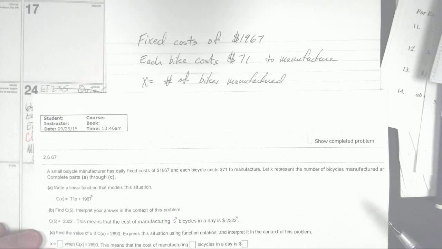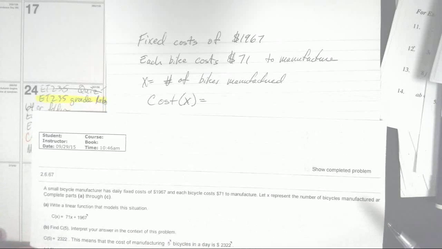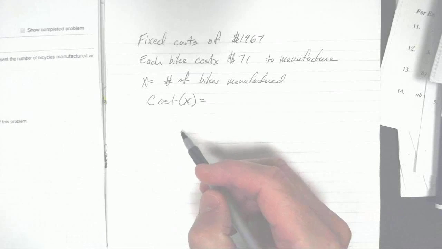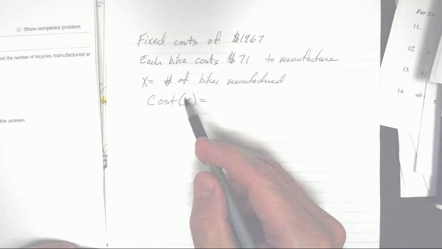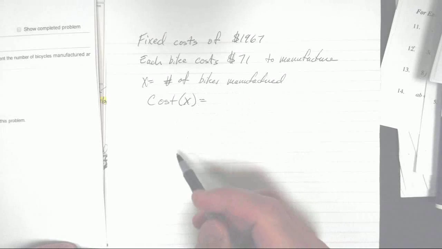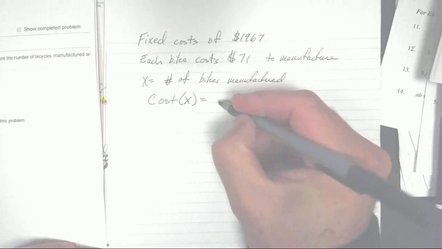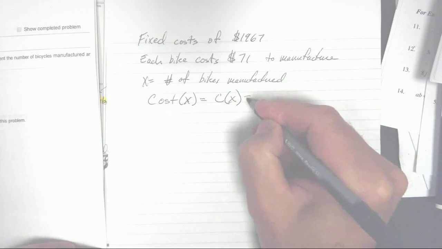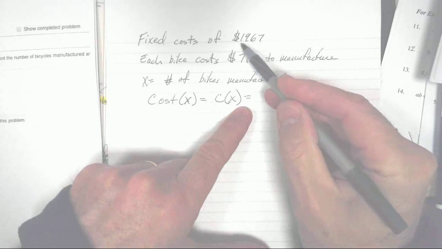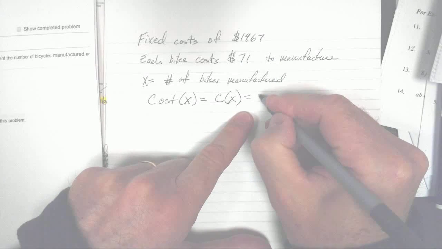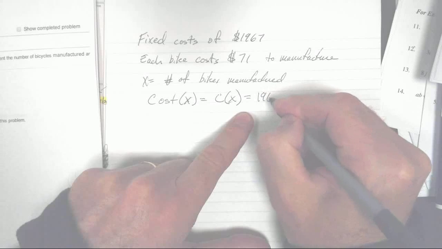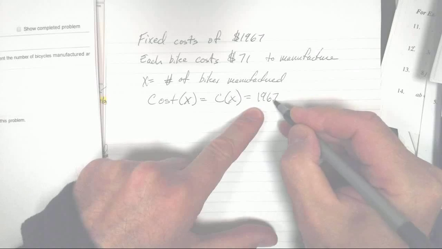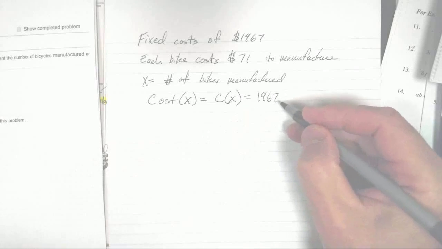So X equals the number of bikes manufactured, and we have this equation that we want to generate. It's a function of X, right? The number of bikes manufactured, so I'll say cost of X, or the way the problem was written, C of X equals, and we know we have this fixed cost right up front of $1,967, so that's part of the cost, and that's fixed. That's the same no matter how many bikes we actually manufacture.